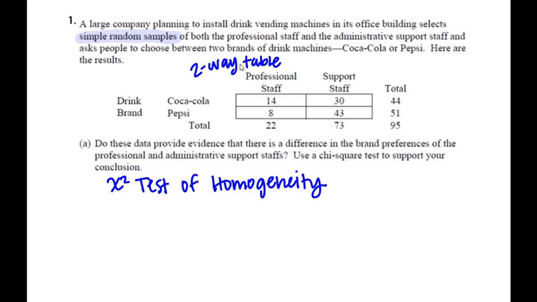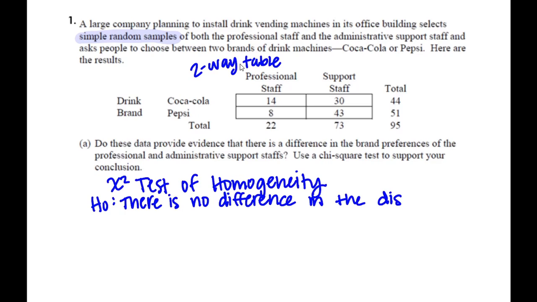And so for my H0, I say there is no difference in the distribution of, and then you can kind of look at the question. They say, is there a difference in the brand preference?